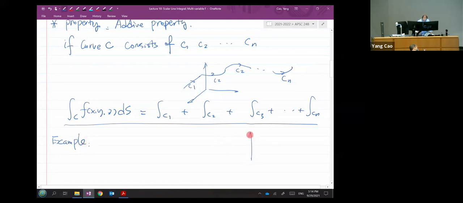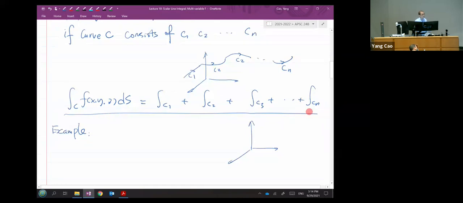I'll use an example from when we learned parameterizing curves. Essentially, we have 3 points given in 3D space, and then we create two curves called C1 and C2.